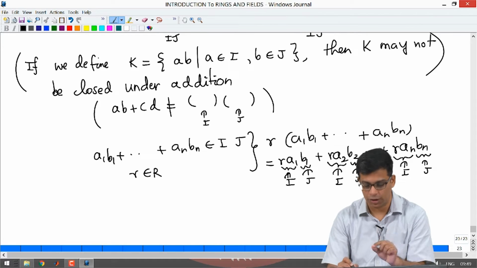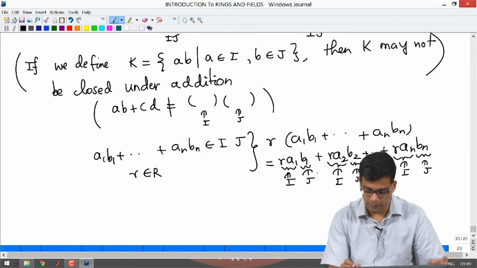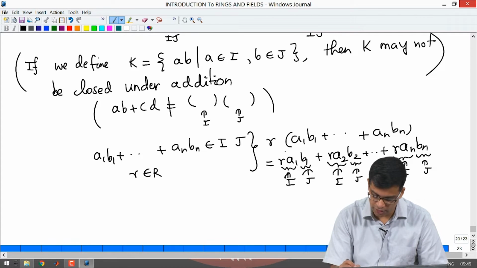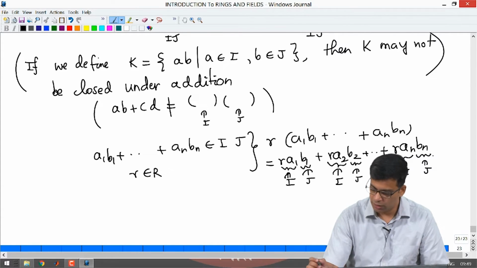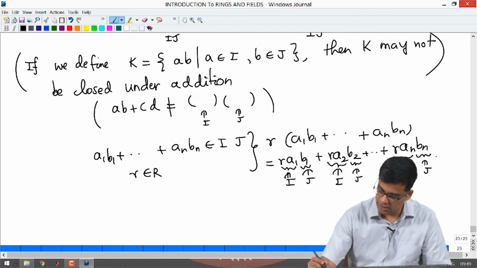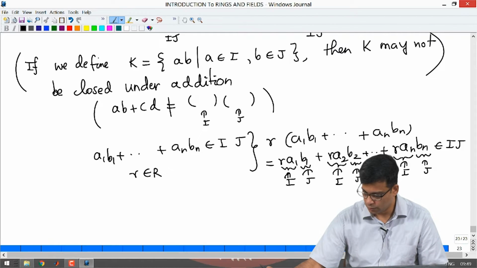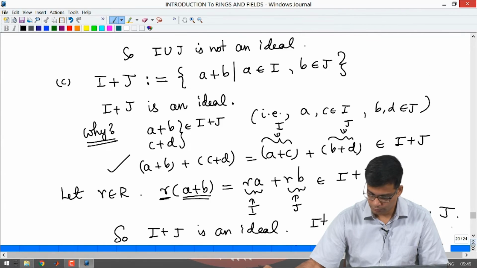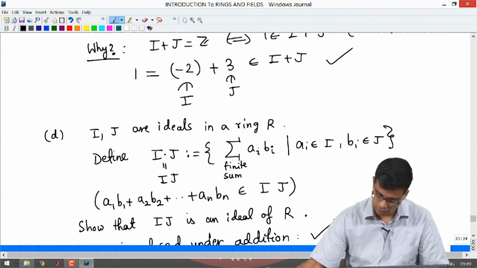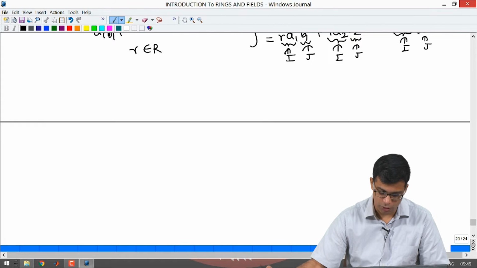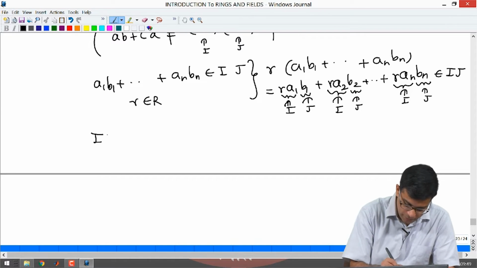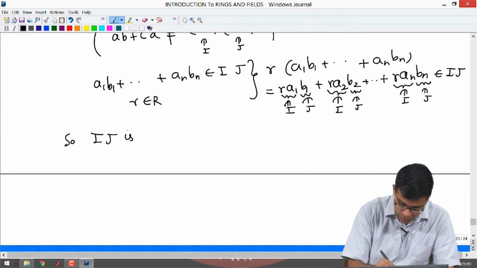Each individual term is something in I times something in J, because a_1 is in I by hypothesis and r is a ring element, so r a_1 is in I, r a_2 is in I, r a_n is in I. So this is a sum of the correct kind, so this is in IJ. So IJ is also closed under arbitrary ring multiplication. So IJ is an ideal.